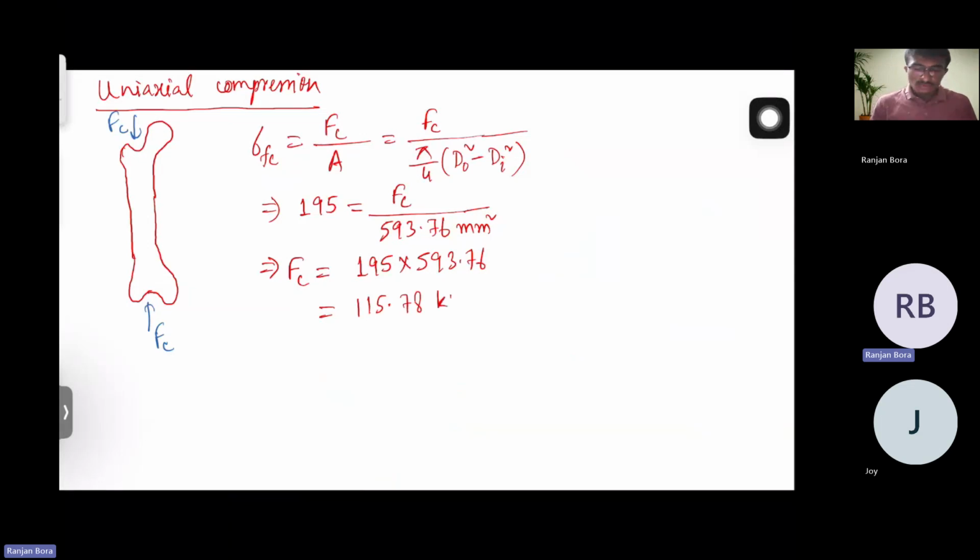So this is the value of compressive load which can act during uniaxial compression.